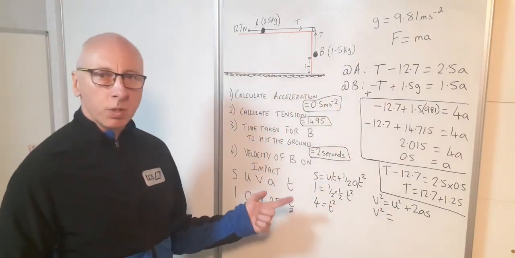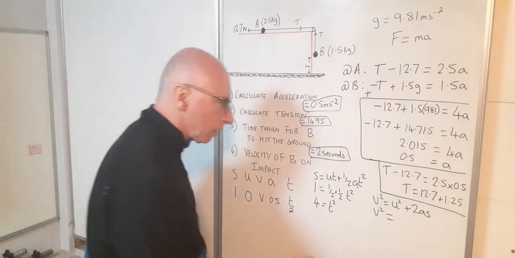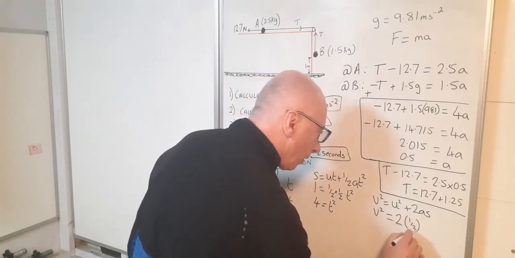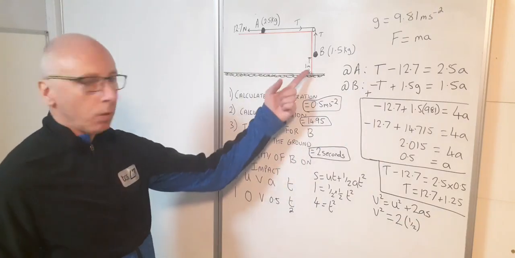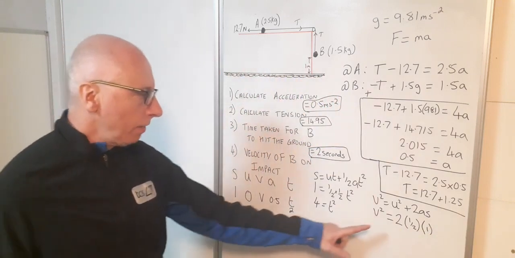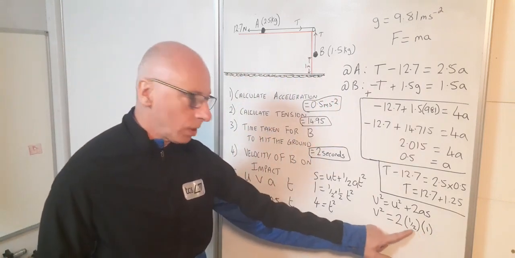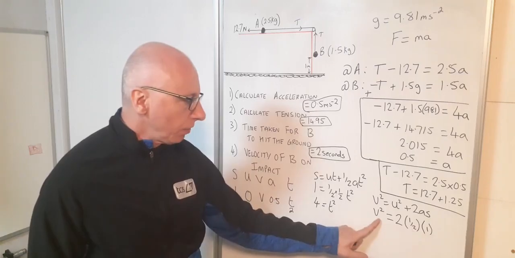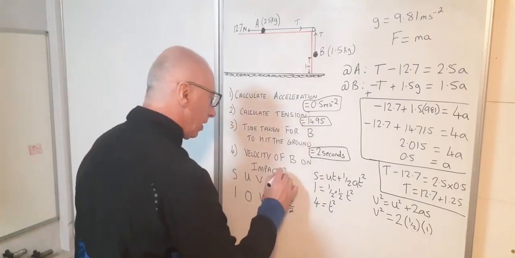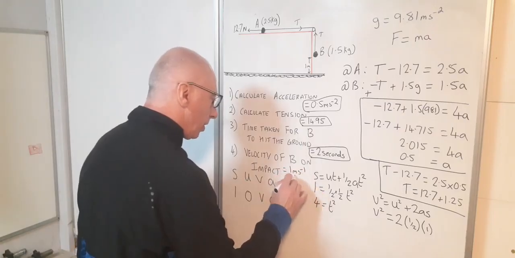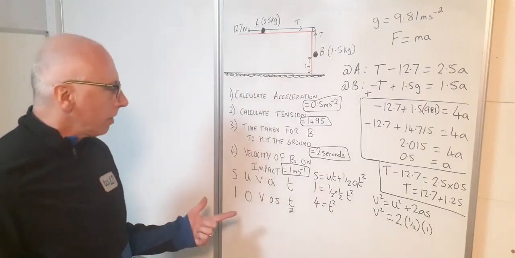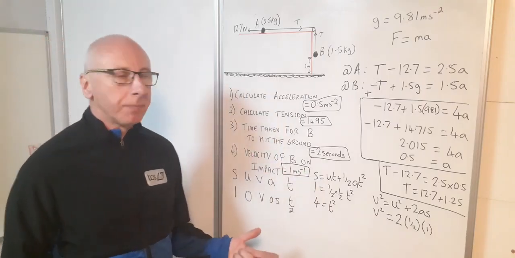Then we've got 2 times acceleration times displacement, so 2 times a 1/2 times 1 metre. So v squared equals 2 times 1 times a 1/2, which gets me back to 1. So v is the square root of 1, which is just 1. So velocity on impact is 1 metre per second. And that answers the four questions that we need.